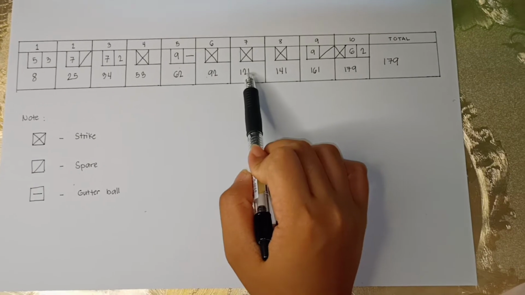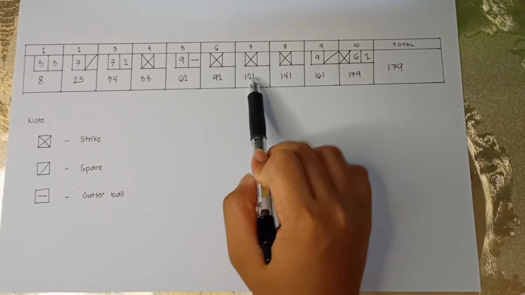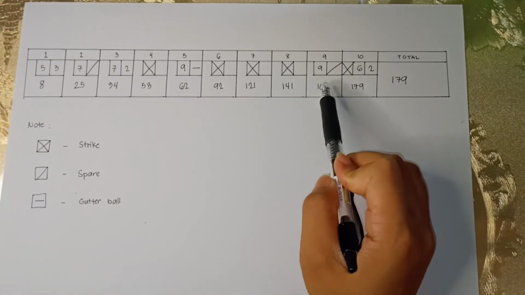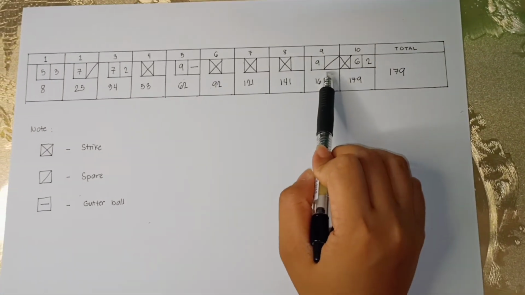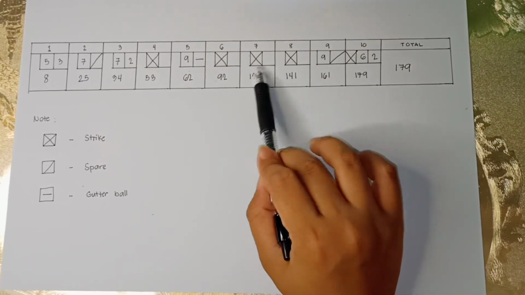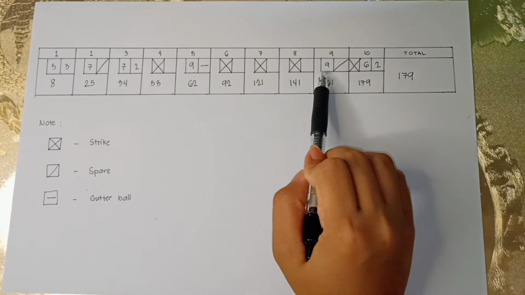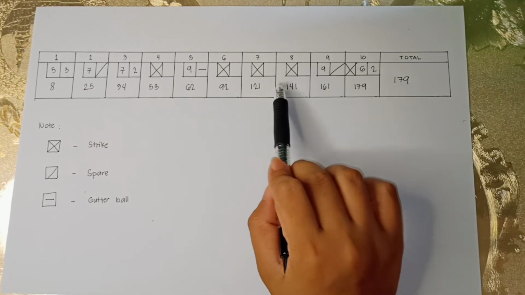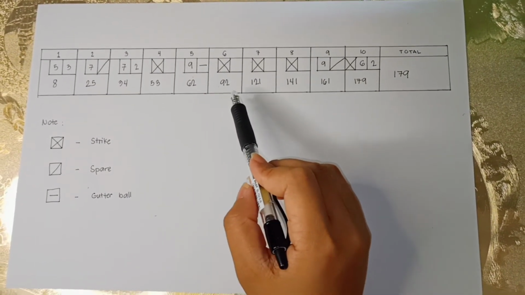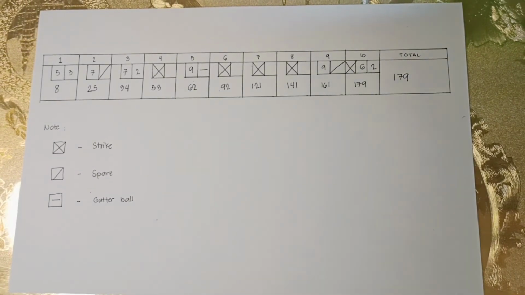Now for frame 7, we will add only frames 8 and 9, since in the second ball in frame 9, he got a spare. That will make 29, since there are 2 strikes here and then 9 pins. Then we add 29 to 92, and we have a total score of 121 points.